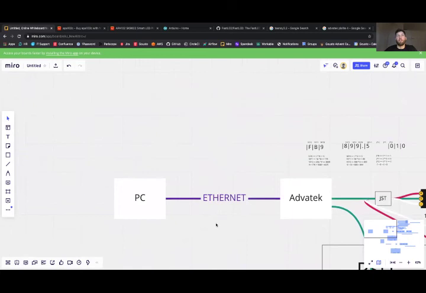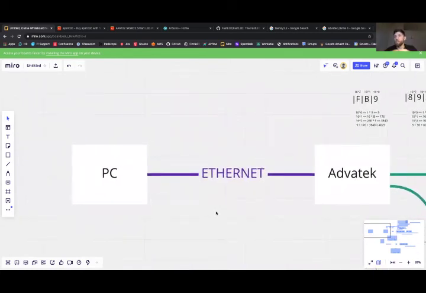So the purpose of this talk is just to arm you with the terminology so that you can go and search and find out more about these protocols for yourself.